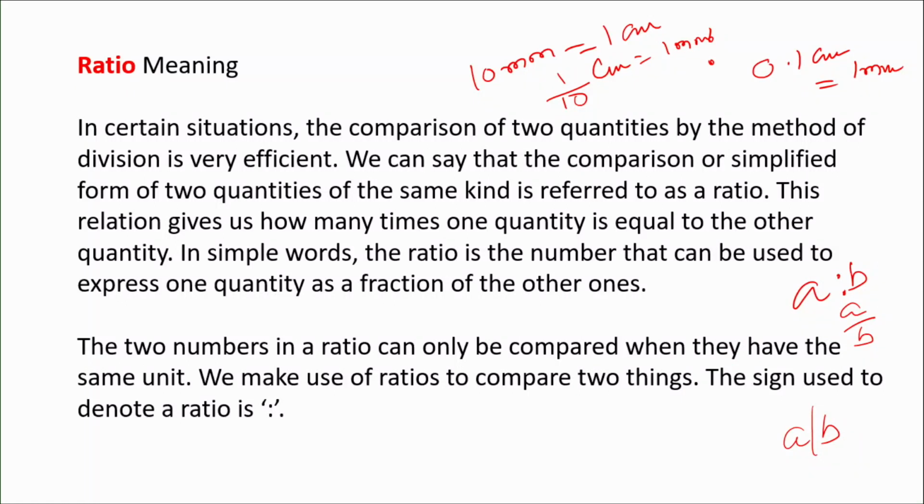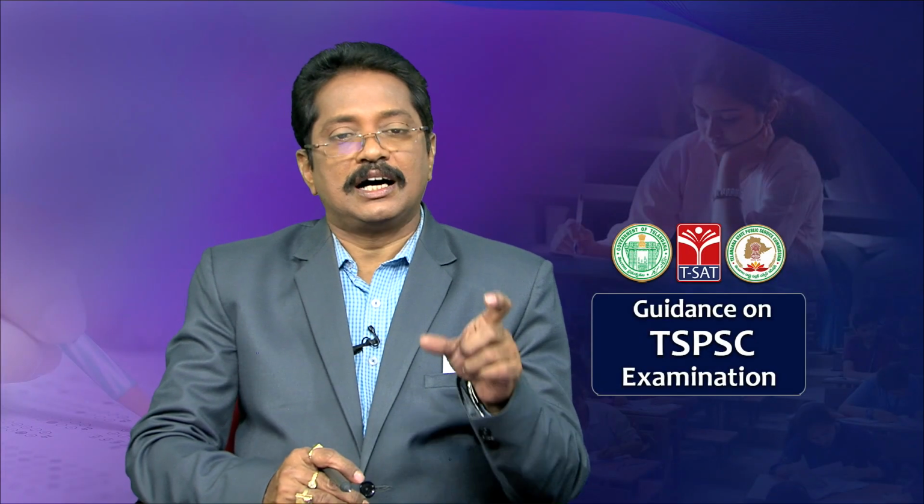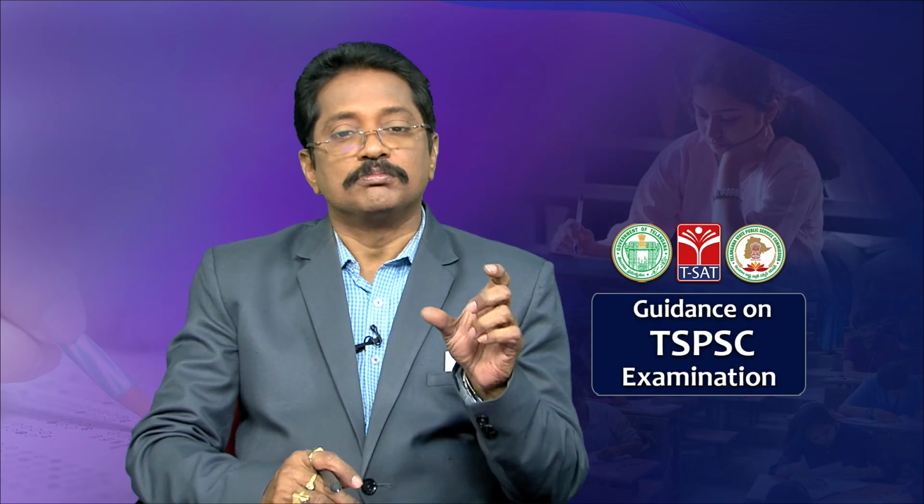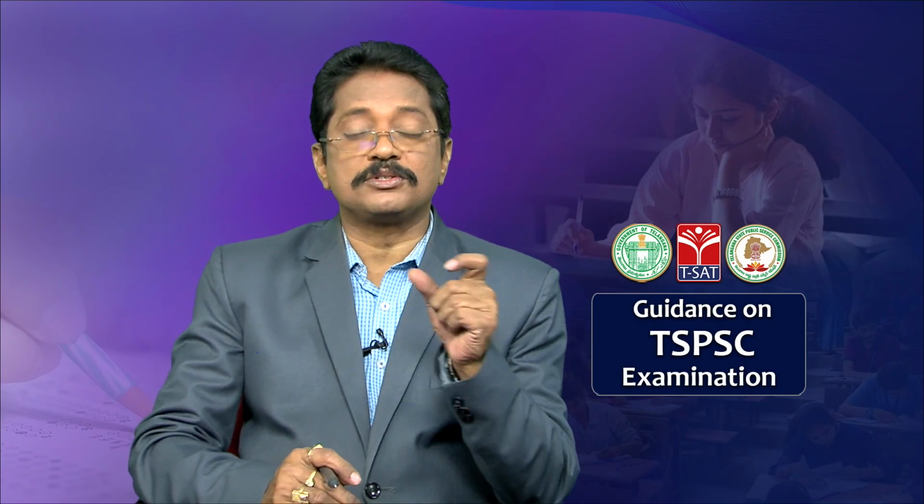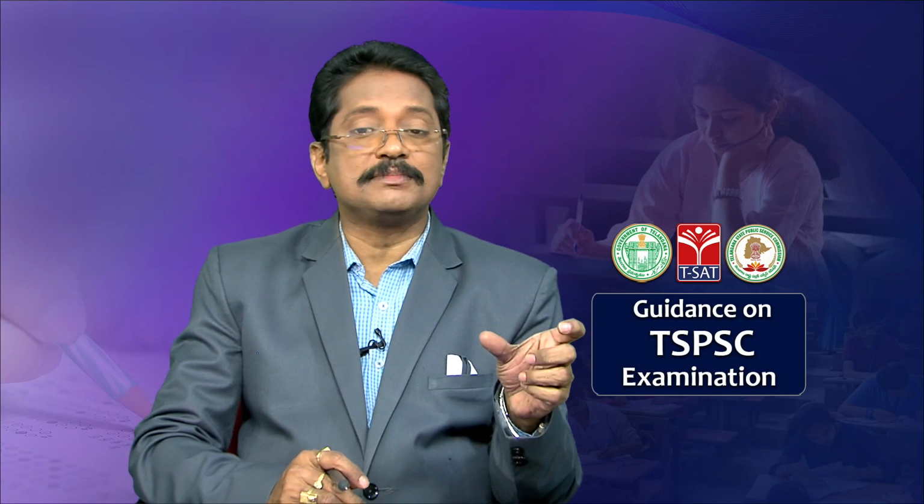The two numbers in a ratio can be compared only when they have the same unit. This is a very important note. When you compare two quantities, the essential thing is both should be in the same unit. Previously I said, if one is millimeter, the other should also be millimeter, correct.